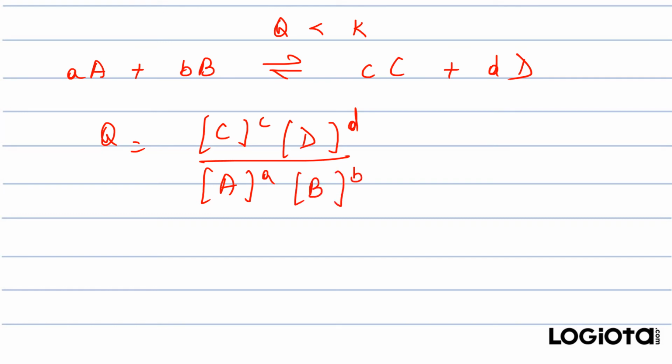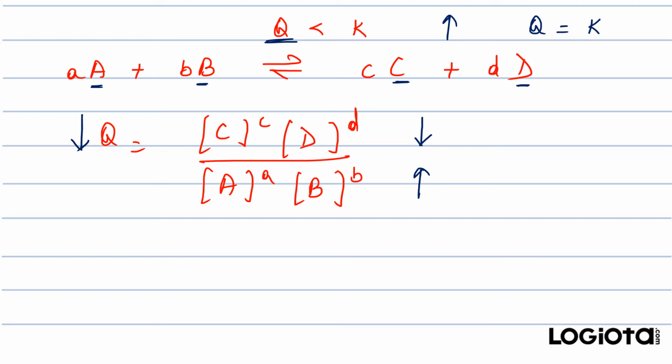Again here you can see that Q is lower, so it means that the numerator is low and the denominator is high. This shows that the concentrations of C and D are low and the concentrations of A and B are high. So Q wants to increase itself such that it becomes equal to K.